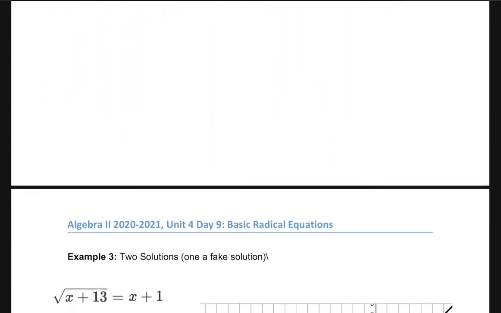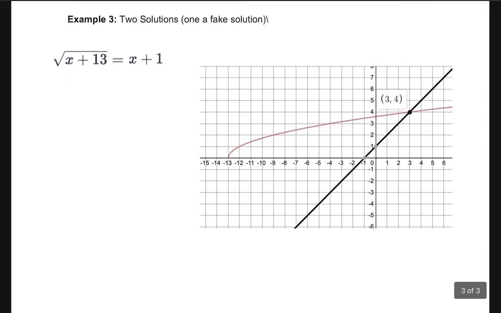Let's see how that happens here. So if we see, right, we know, looking at this graph from Desmos, that there is only one real solution. The only real solution should be 3. But when we solve this using the techniques we know, so we square both sides, we have x plus 13 is equal to, this will be x plus 1 times x plus 1. This will be equal to x squared plus 2x plus 1.